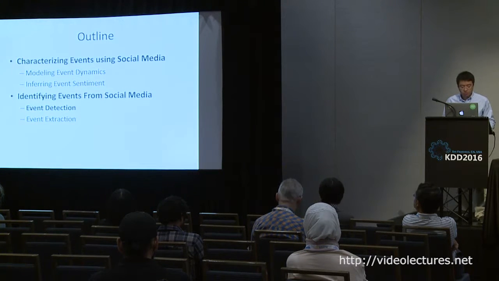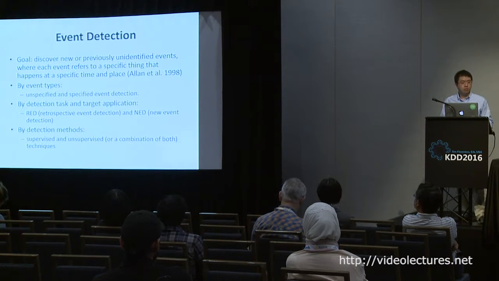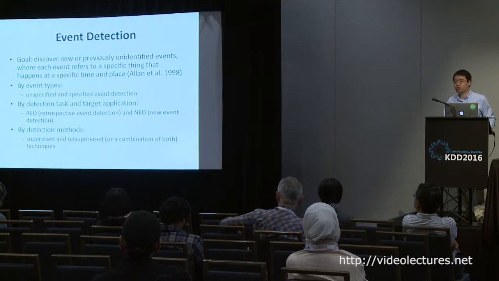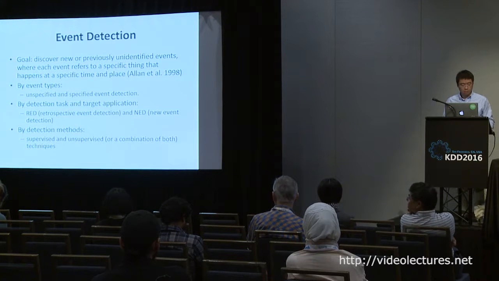So let me first talk about event detection. Event detection, as we all know, is very important and very useful, because many events right now are reported on Twitter. Sometimes they are faster, sometimes they are slower, but people right now can be seen as social human sensors, and they often report what's going on during events, which can serve as very important information for governments, for journalists, and so on.